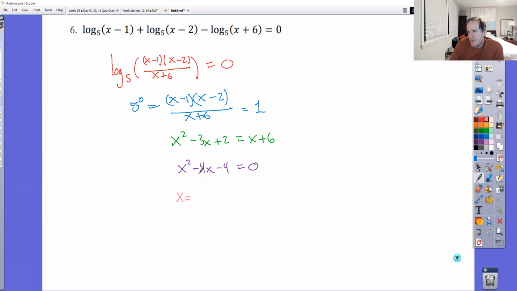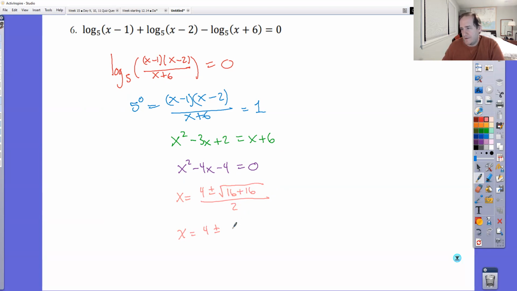So x equals negative b plus or minus the square root of b squared minus 4ac. 4ac is actually going to be 16, so it's plus 16 all over 2a, which is just 2. All right, so 16 plus 16 is 32, but obviously that's 16 times 2.